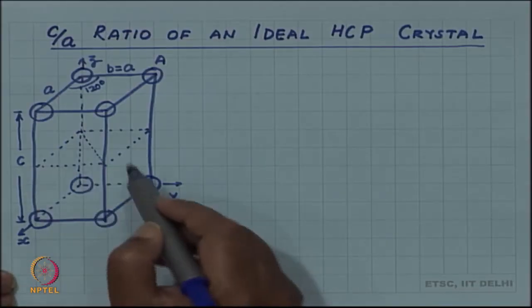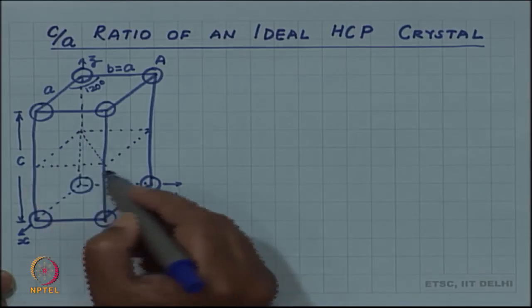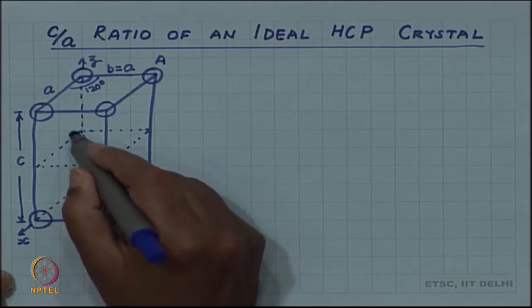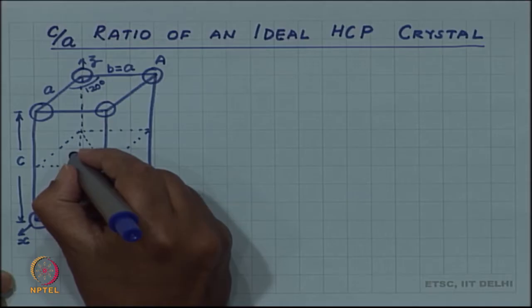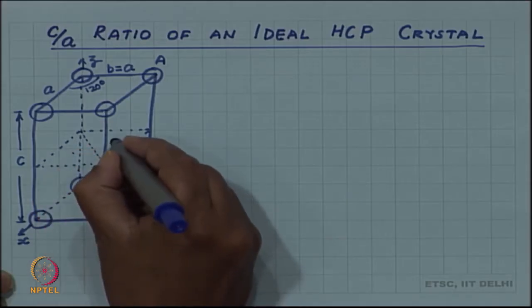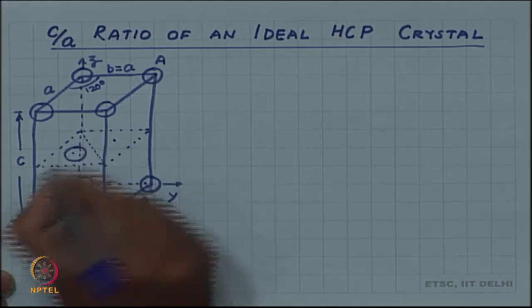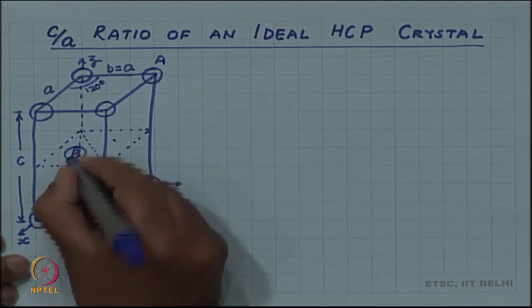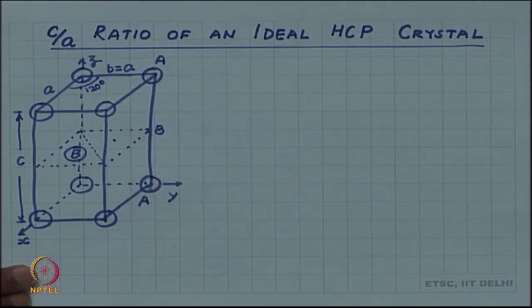The location of the B atom in this plane can be obtained by dividing this rhombus, the mid rhombus, into two equilateral triangles, and one of these triangles is designated as B, the other one is designated as C. So, in the centroid of the B triangle, if I place an atom, that is the B atom, and this is the B plane.